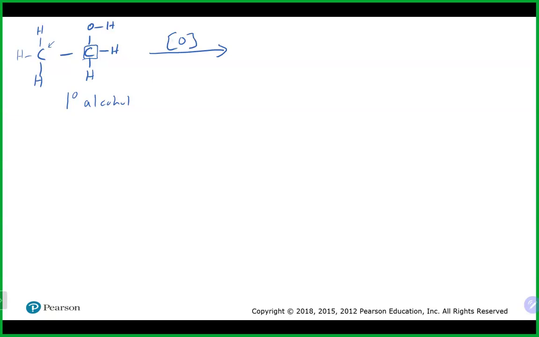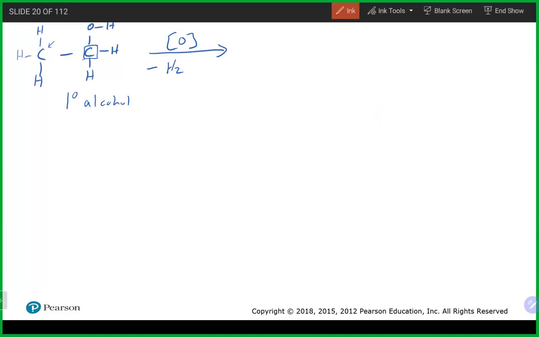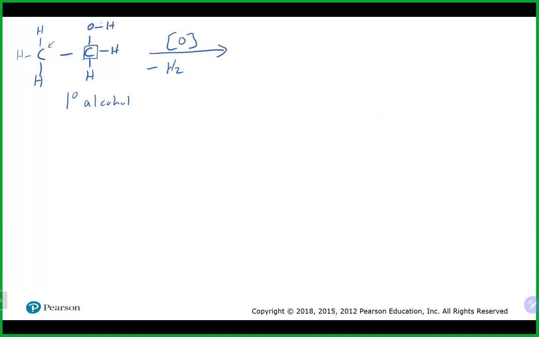And the definition here is going to be the loss of hydrogen. So where does the hydrogen come from? One hydrogen will always come from the OH group. So wherever that OH group is, it will lose one hydrogen.